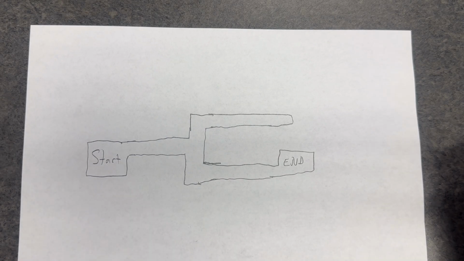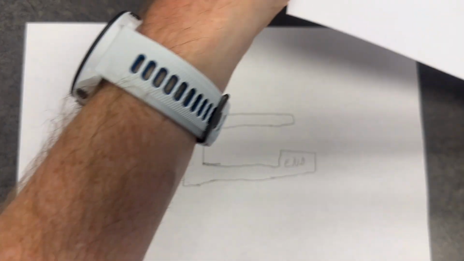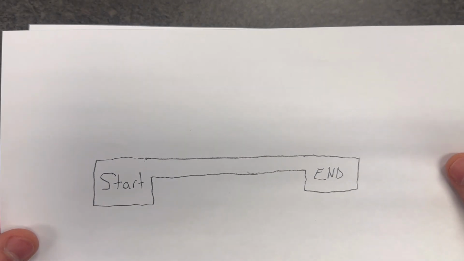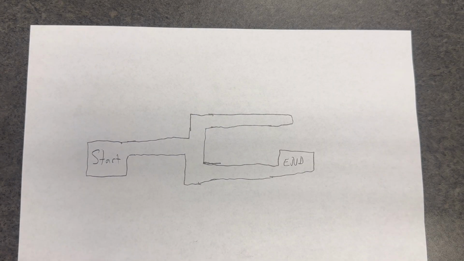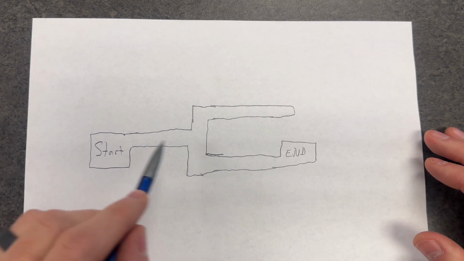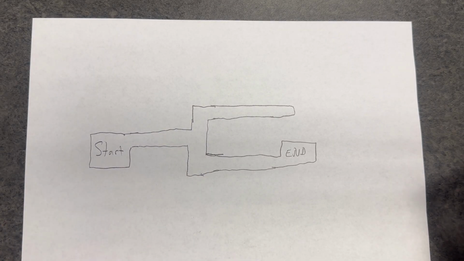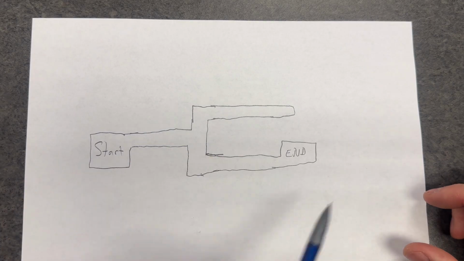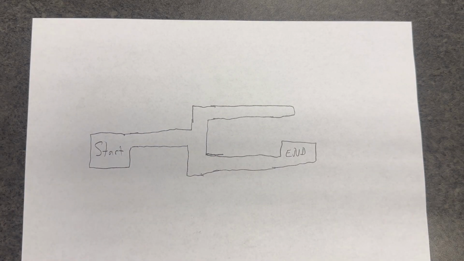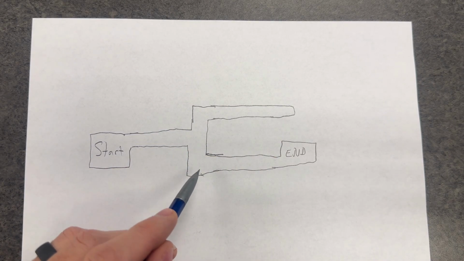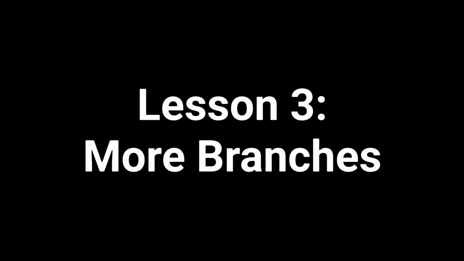It's a bit more complicated than our previous one, right? You see that, but only very slightly more complicated. We just have this one branch. It's still obviously easy because you can just look at this maze in its entirety and easily tell that's the dead end and that's the way to go.